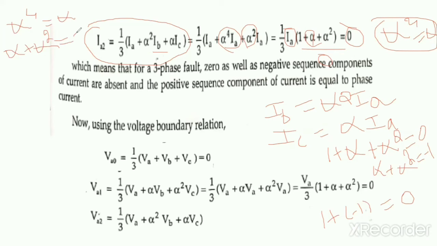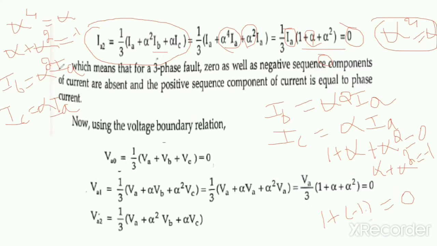Also IB is equal to alpha square into IA, and IC is equal to alpha into IA.